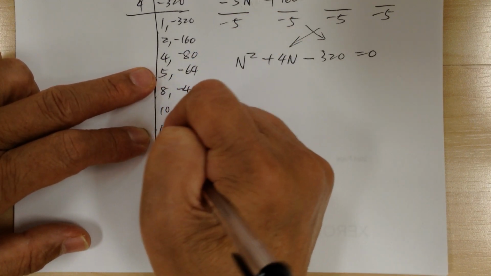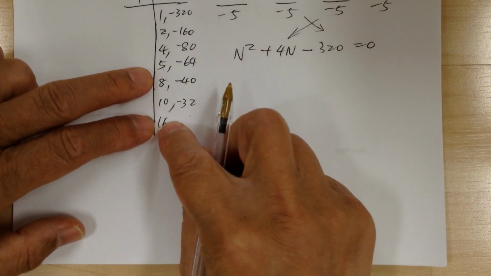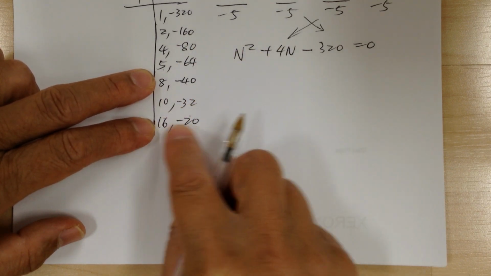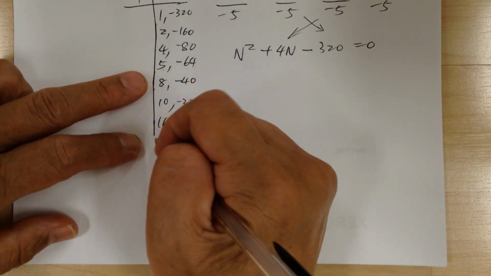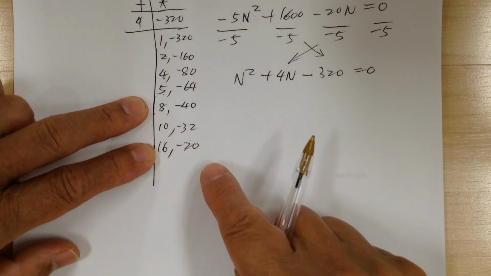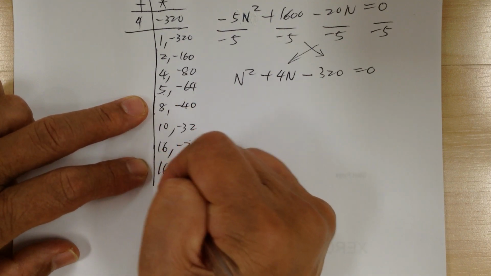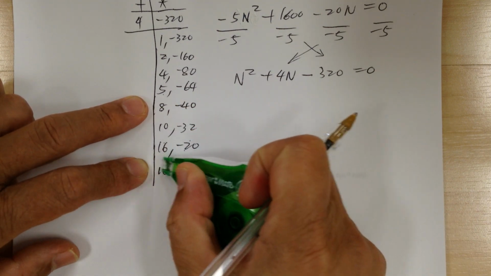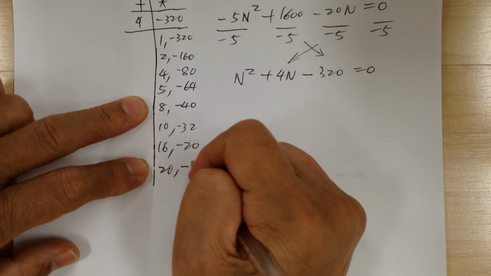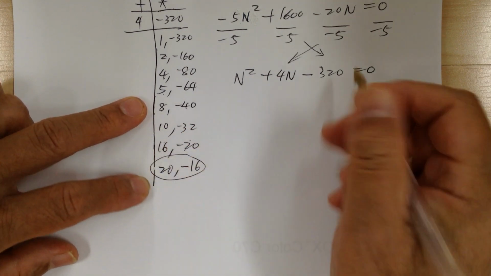So go to 16, so you can use the 8. This is double that, so this would be half of that. By the time you get over here, notice this will give you negative 4, but you need positive 4. So all you have to do is switch the signs, so you get 20 comma negative 16. That's the one you need.